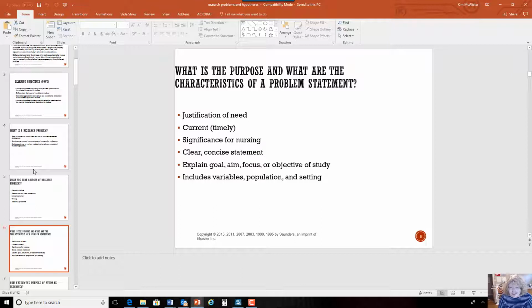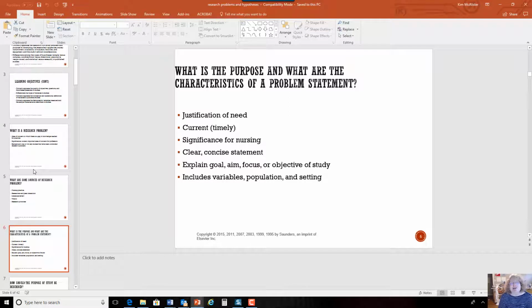Not all of them are. So as you're looking at your research studies, you want to try to identify, did the statement of purpose really relate to what the study was? You'll see that that's not always so. So you want to be sure that your statement is very focused on what you're doing.